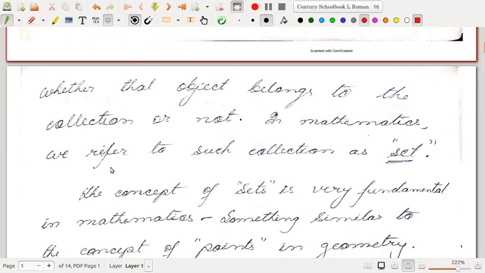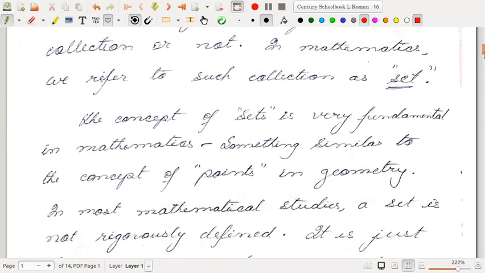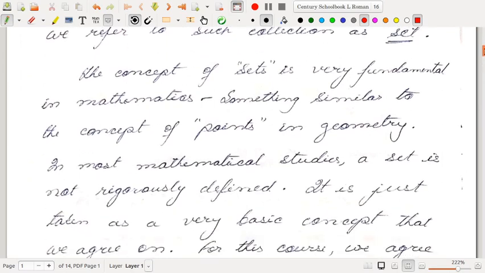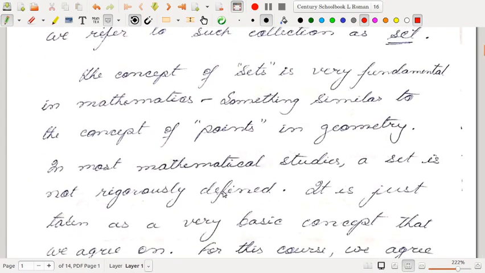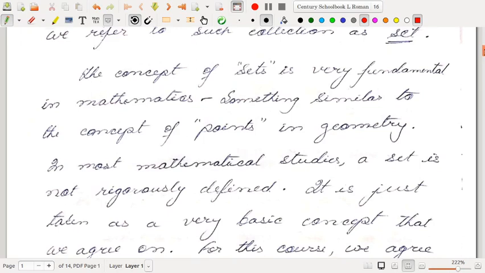So in mathematics, we refer to such a collection as a set. The concept of sets is very fundamental in mathematics, something similar to the concept of points in geometry. In most mathematical studies, a set is not rigorously defined, but it is just taken as a very basic concept that we agree upon.